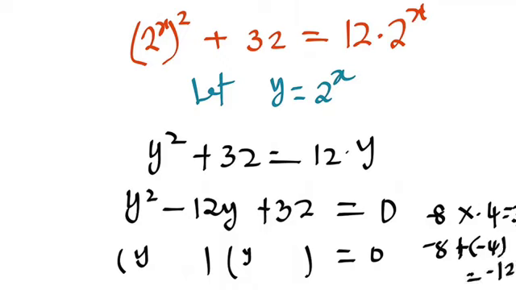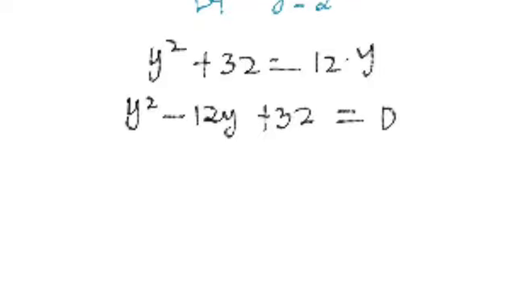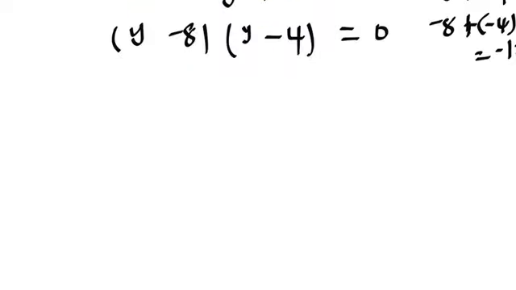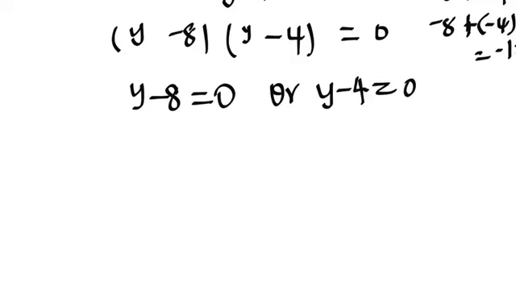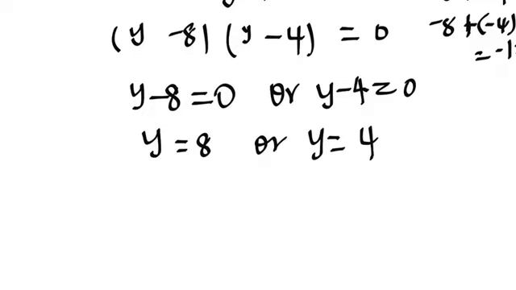So therefore we're going to use minus 8 and minus 4 here. Understood? So now from there, we're going to have y minus 8 equals 0, or y minus 4 equals 0. So we're going to have y equals 8 or y equals 4 if you transpose the numbers to the other side of the equation.